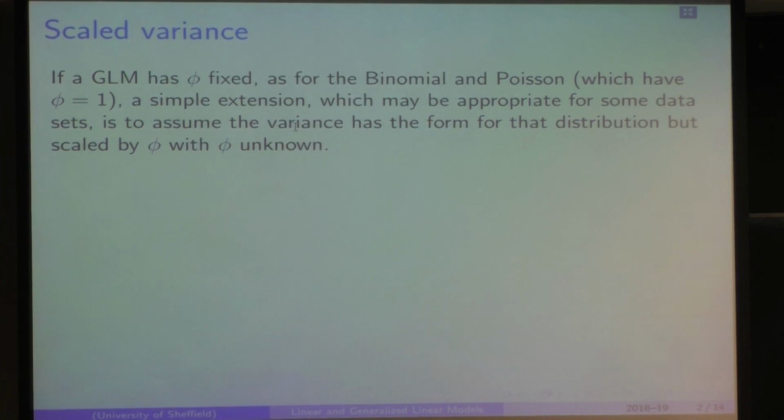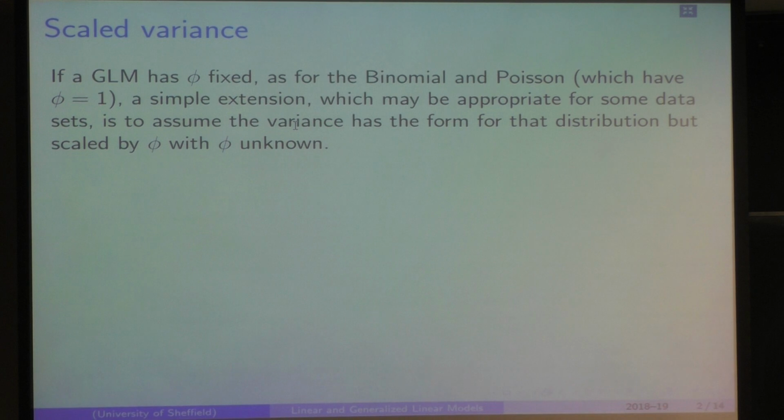Now, sometimes you get situations where a binomial or Poisson seems to be a reasonable modelling assumption. However, if you look at your data, it turns out that the variances seem to be bigger than a binomial or Poisson model suggests that they ought to be. This is something that can happen quite often for various reasons.